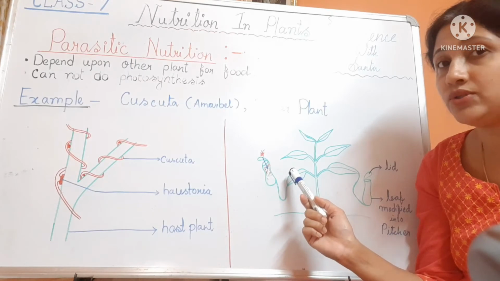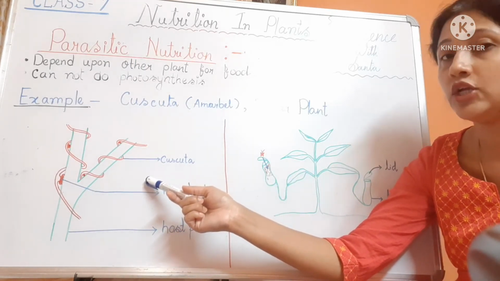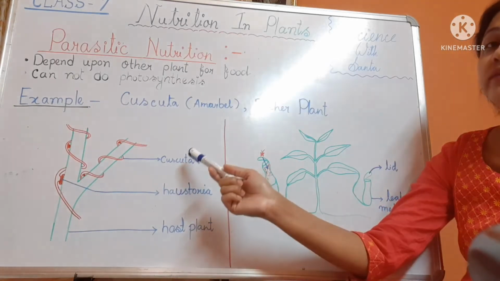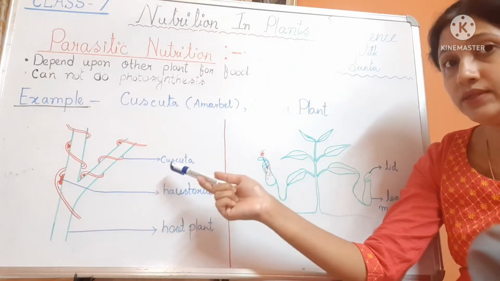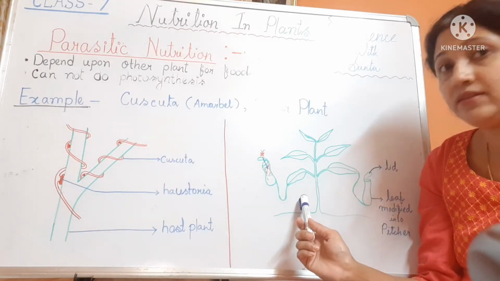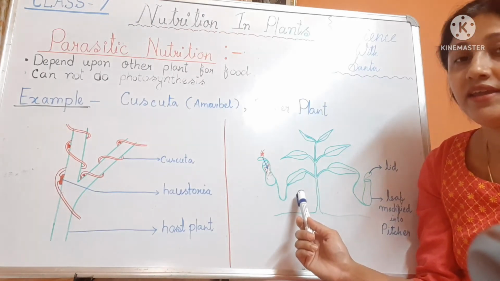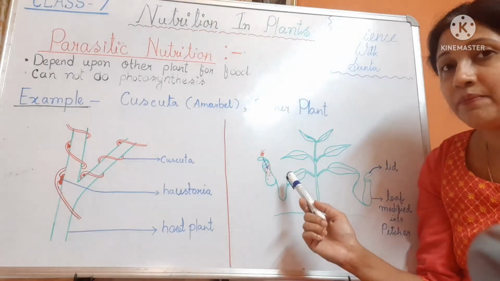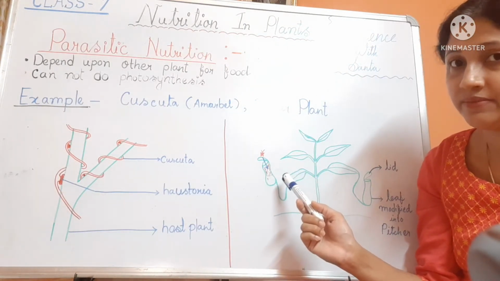So it is not a total parasite like Cuscuta, because Cuscuta depends totally upon the host plant for its nutrition. But the pitcher plant takes up nitrogen only from the insect.